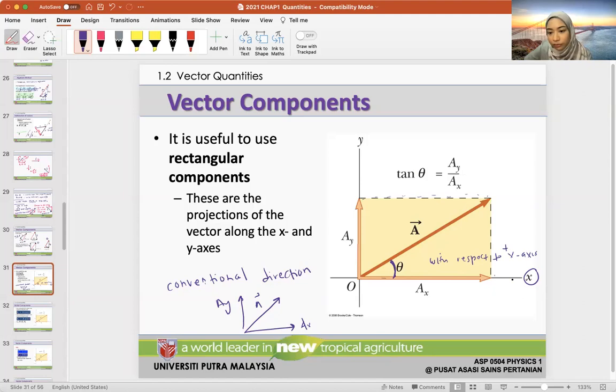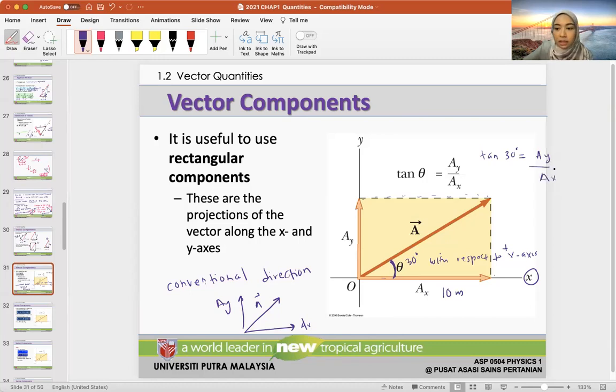The x-axis is along over here. So theta is this one. So tangent theta is equal to ay over ax. So let's say you know what ax is. The value of ax is 10 meters, for example. And you know the angle theta is 30 degrees. So tangent 30 degrees equals ay over ax.